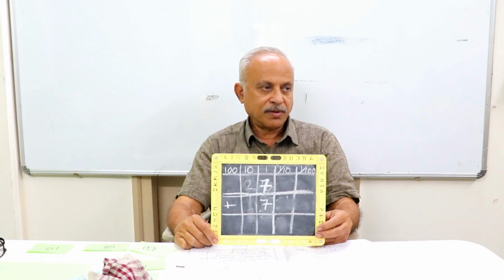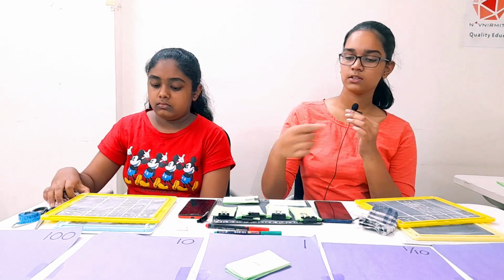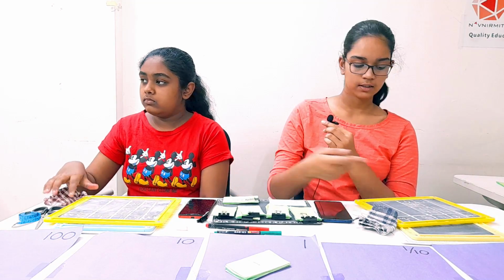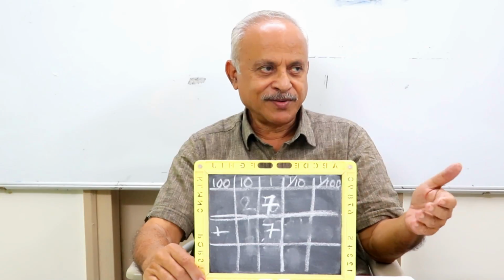Okay, so Gyan Jyoti has written what is there in the houses. What have you done, Nandita? I have exchanged 10 ones for 1 ten. But it's not there. You've gone further. Yes. Okay.